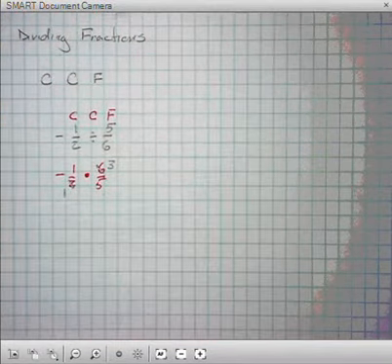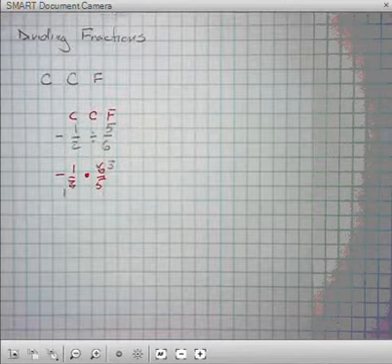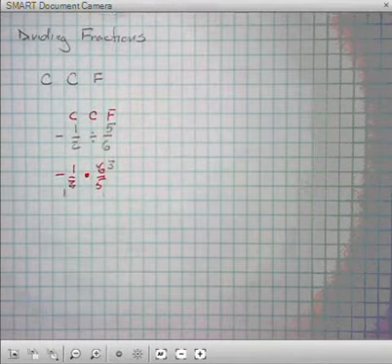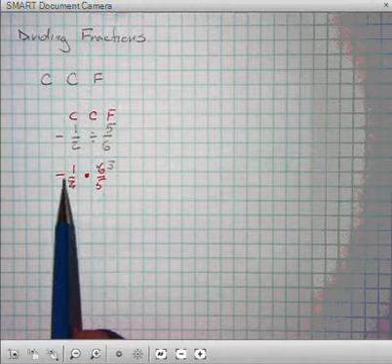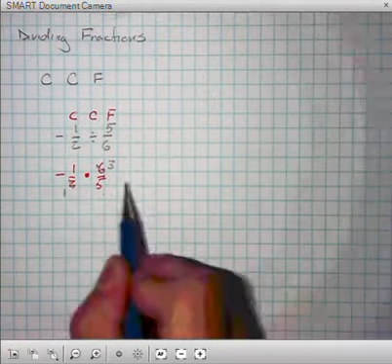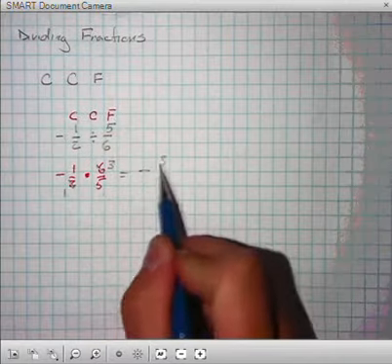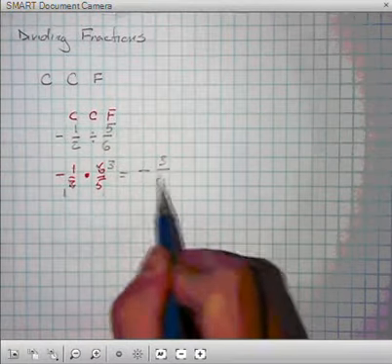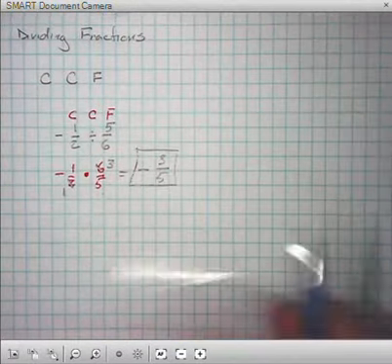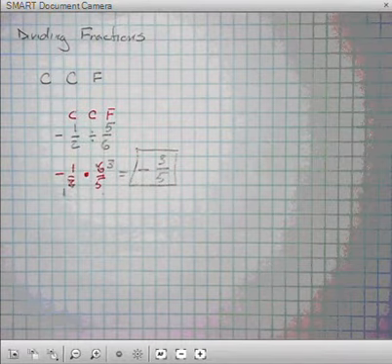Is there anything else that I can reduce? Nope. So there's nothing else I can reduce here. I've got a negative times a positive, so my answer is going to be negative. 1 times 3, 3 in my numerator. 1 times 5, 5 in your denominator. So your answer there is negative 3/5.